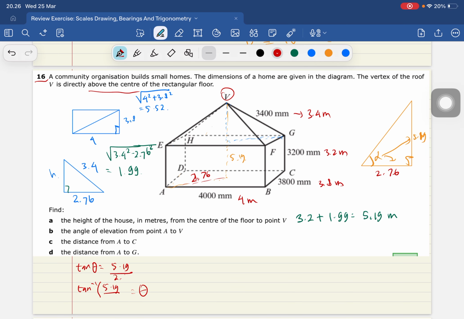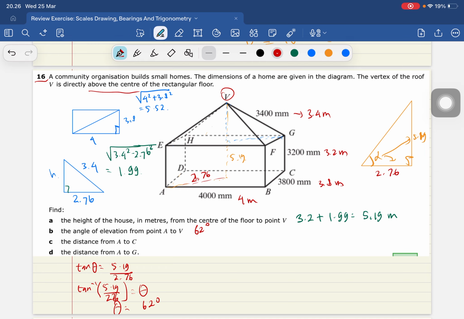Okay, rewrite again: tan inverse of 5.19 divided by 2.76. So the angle theta is going to be 62 degrees. So we can write it here, 62 degrees.